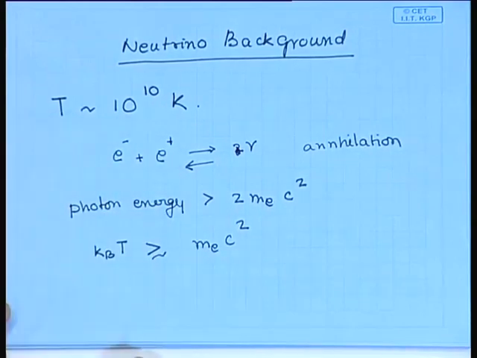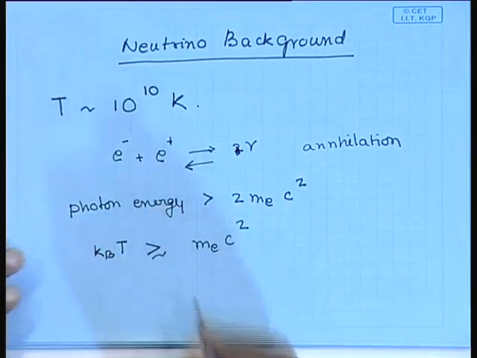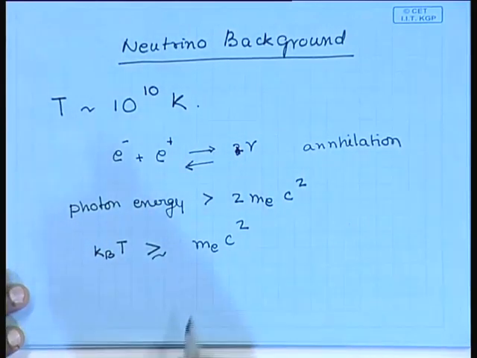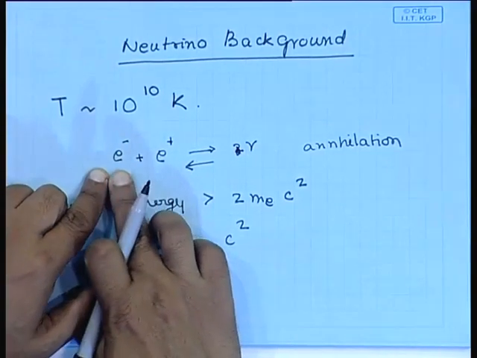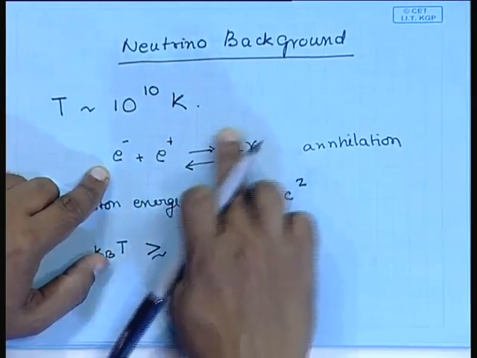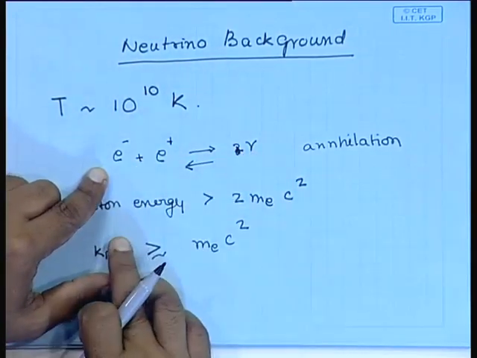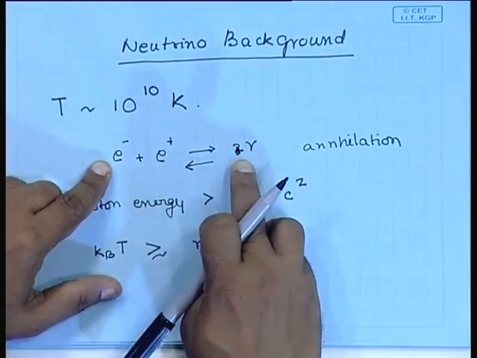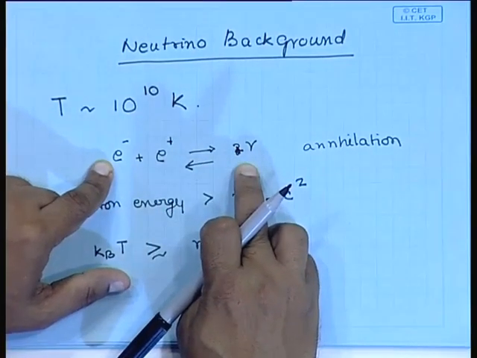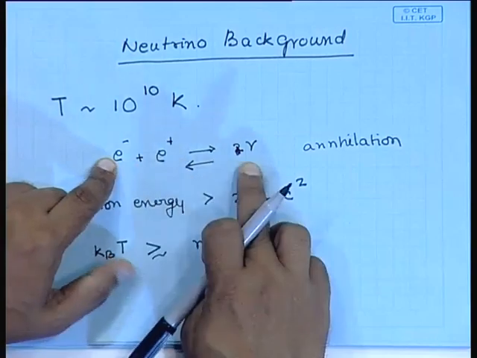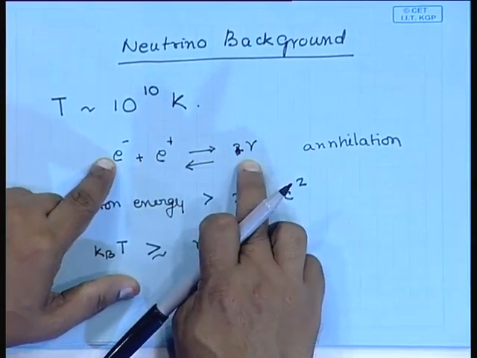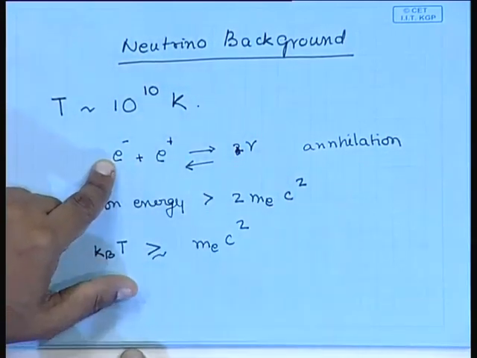Let me explain this at this point. At these temperatures, when they are in equilibrium, the number density of electrons is comparable to the number density of photons, even though one follows the Fermi-Dirac distribution and the other the Bose-Einstein distribution. We shall see that the number densities are comparable.